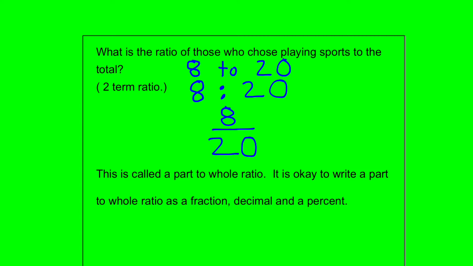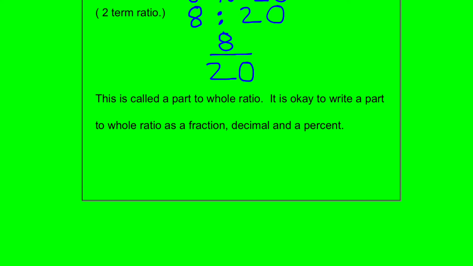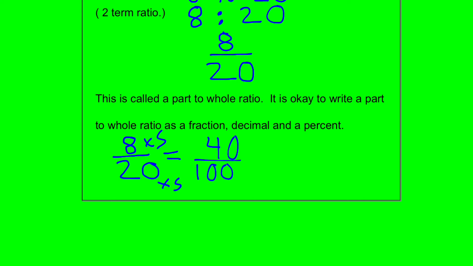And since it's okay to write that as a fraction, it's okay to write that as a decimal and a percent. So the fraction 8/20, we could make that a decimal. We could make it out of 100 if we wanted, by multiplying by 5, times 5, and we'd get 40 out of 100.